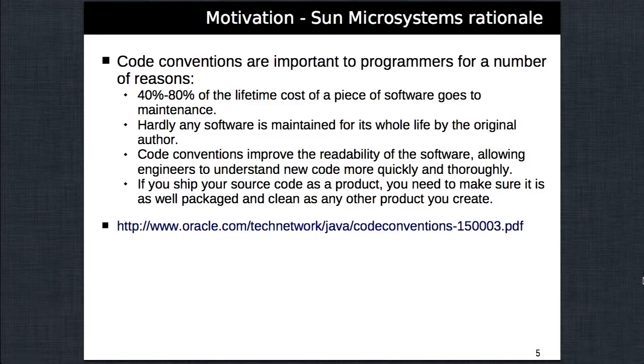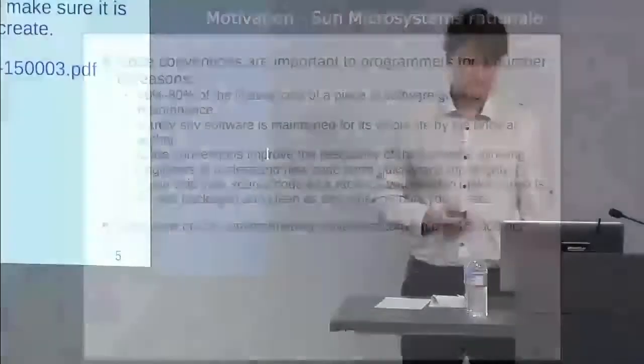So when our code base follows our own conventions, every one of our developers can understand the whole code quickly and roughly. And for open source, it's also important that if you ship your source code as a product, you need to make sure it just looks round. And for this, code convention is also important.